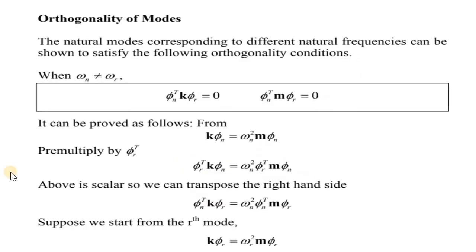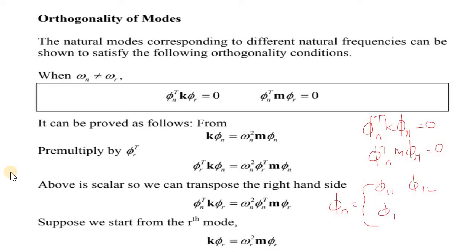Now let us look into what the orthogonality property is. The orthogonality property is this: phi n transpose into K into phi r is equal to 0, and also phi n transpose into M into phi r is equal to 0. What is this? If I am having a phi matrix like this, this is phi 1 1, this is phi 1 2, like that I can write.